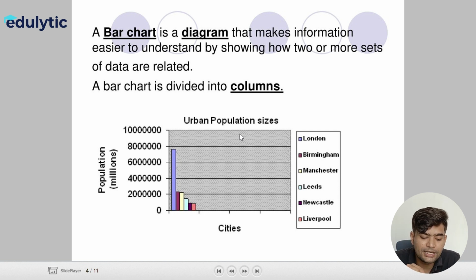And on the horizontal line the cities are shown, while on the vertical side population in millions is given, and you can see that London has the highest population, which is quite close to 800,000 almost.